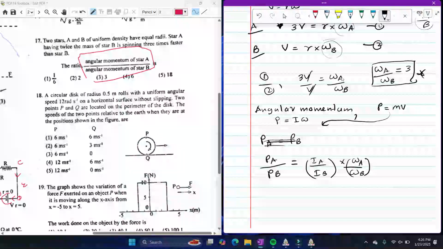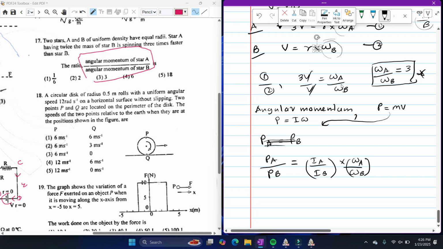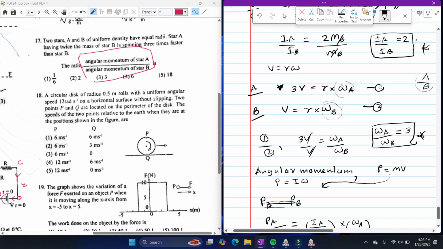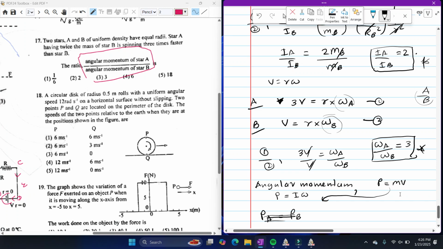So I can't remember what the ratio of inertias was. That is 2. Yep.